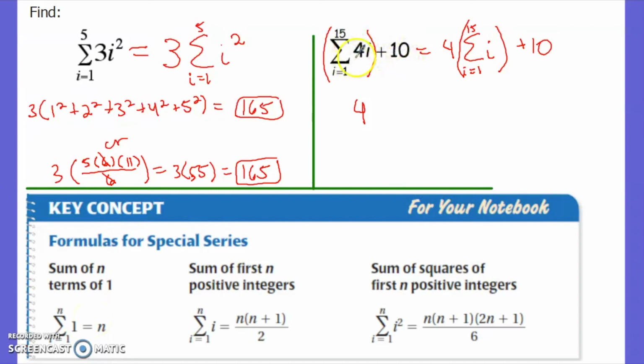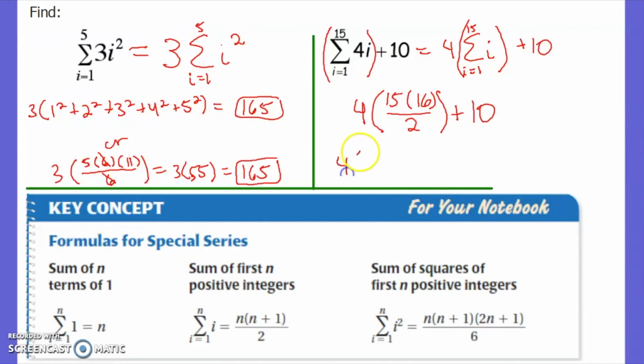But since it's not in the summation, it's only in there one time. So let's use our formula from the middle down here. We have 15 terms, so that's going to be n is 15 times 15 plus 1, so 16, divided by, note the 2 in the formula, and then we've got this plus 10 up here on the outside.